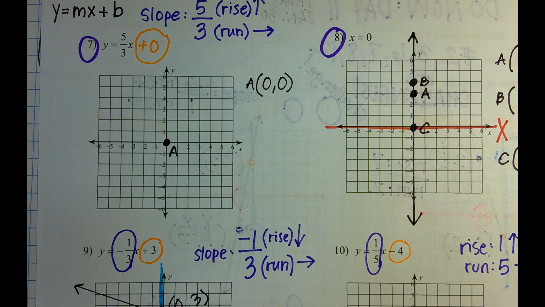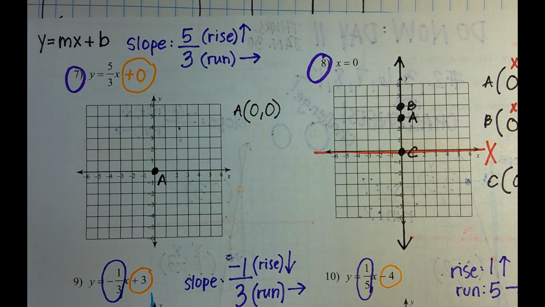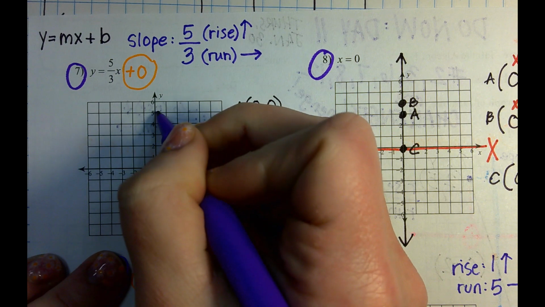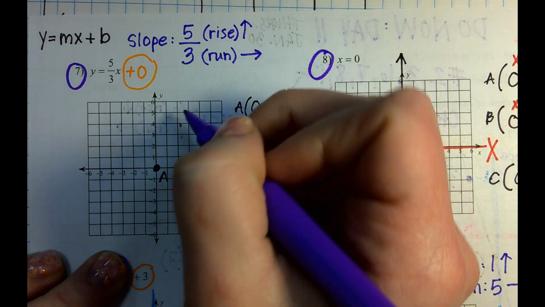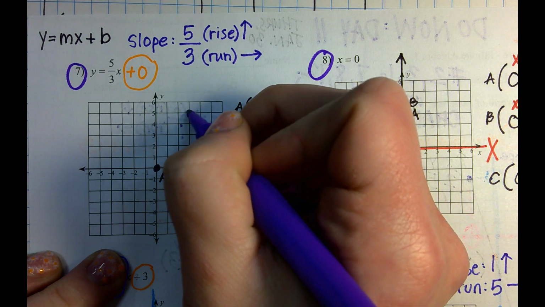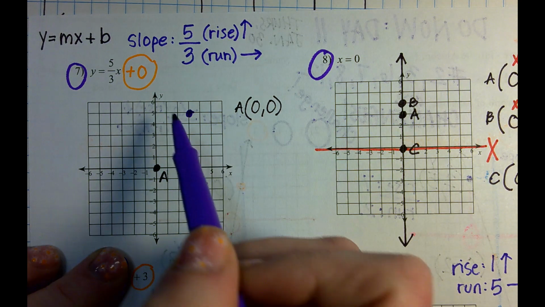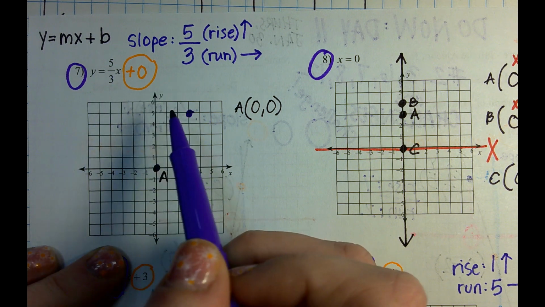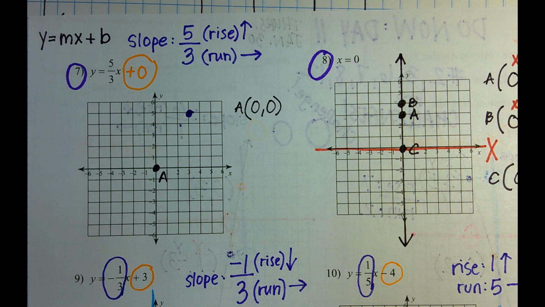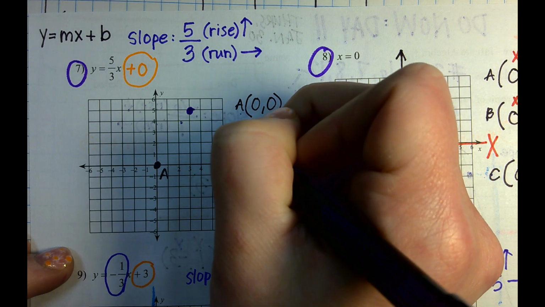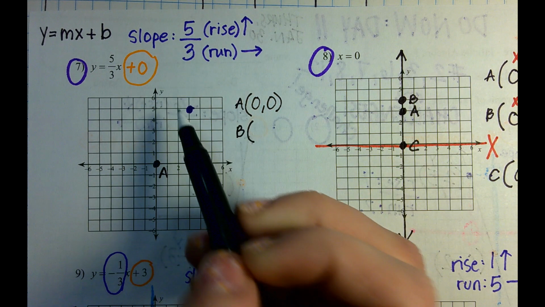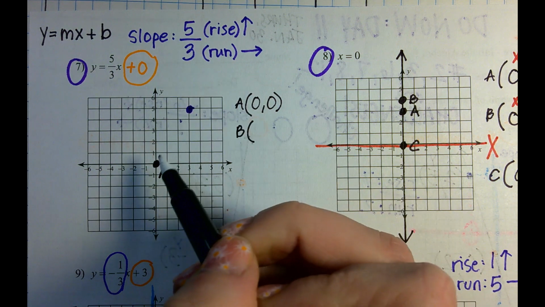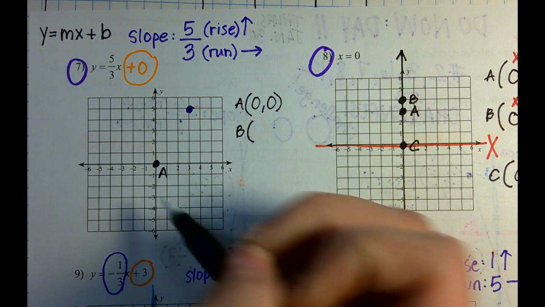Okay. So how do we find another point? Go up 5 over 3. And what's really nice about when there's no y-intercept is it really helps us find our second coordinate, because we're really just using the numbers in the slope. What's our x value? 3, 5.